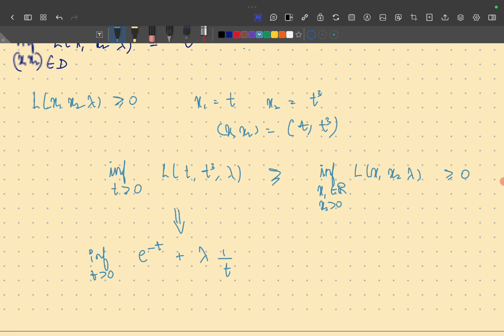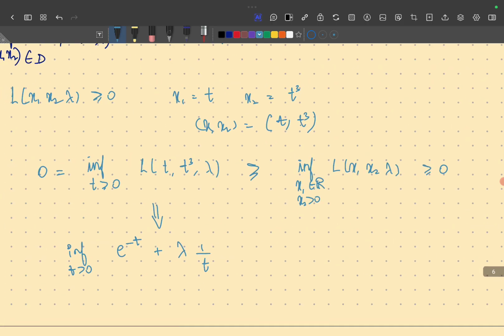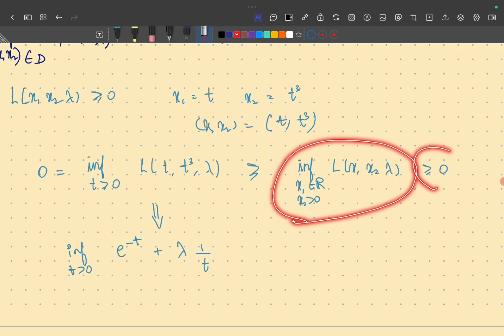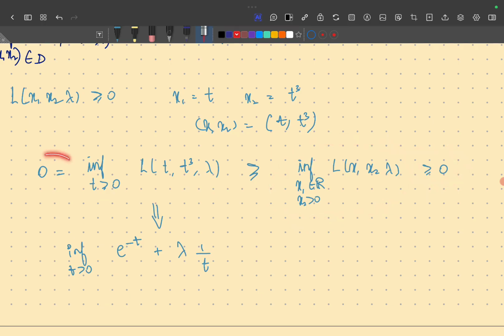It is 0 because e to the minus t is a decreasing function of t. 1 over t is also a decreasing function of t. So for every lambda greater than 0, the infimum is equal to 0. So the quantity that I'm interested in is greater than or equal to 0, but it's also less than or equal to 0. So it should be equal to 0.